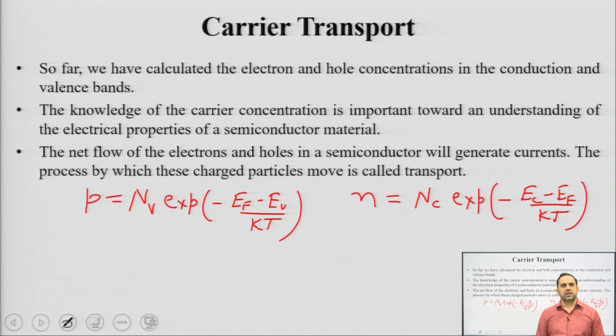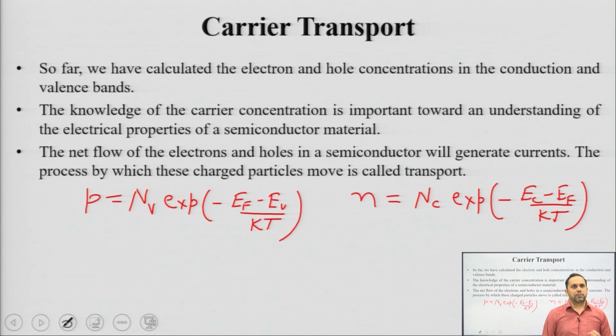Okay. The net flow of these charge carriers only, so electrons in the conduction band, holes in the valence band, the net flow of these charge carriers in a semiconductor is what is going to generate current. The process by which these charged particles move is called transport. That is the main topic which we have, the carrier transport.